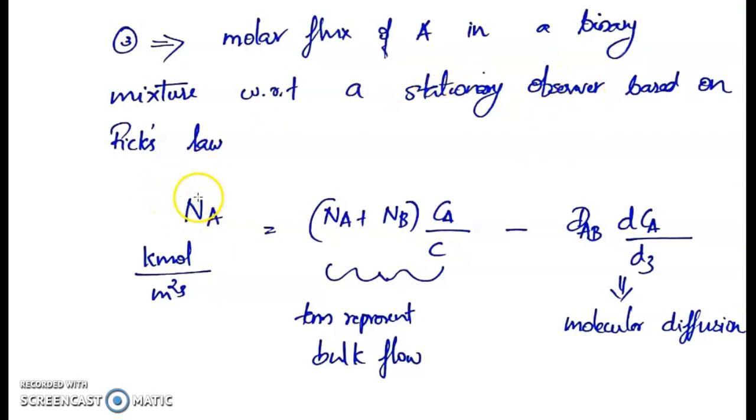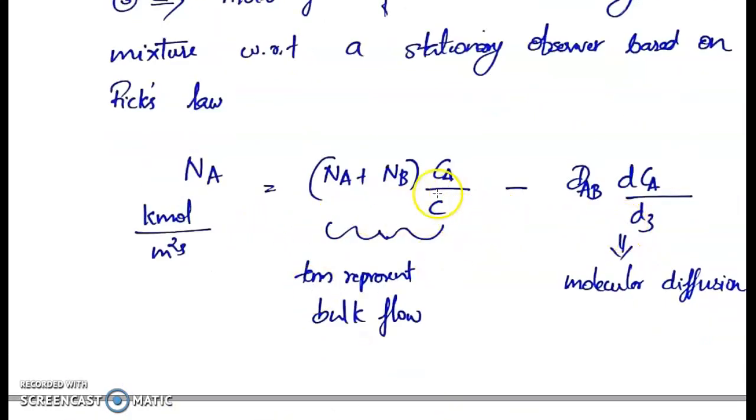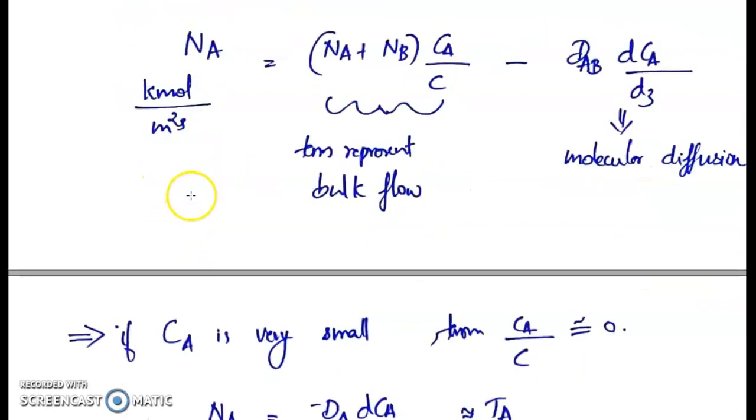That means with respect to a person standing outside and looking at the process. The unit is kilomole per meter square second, which is equal to (NA plus NB) into CA by C minus DAB into dCA by dZ. So this is the expression for molar flux NA.